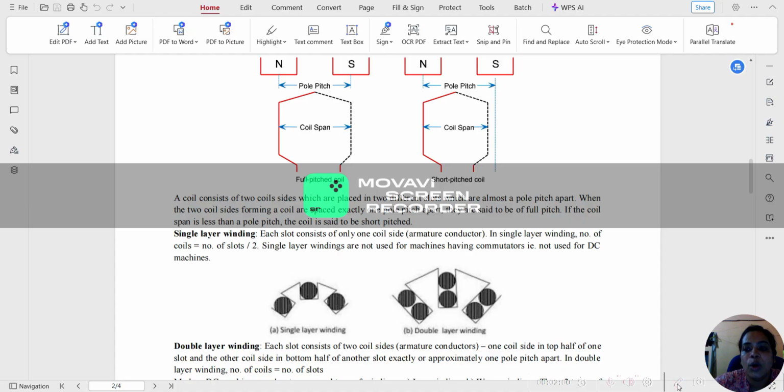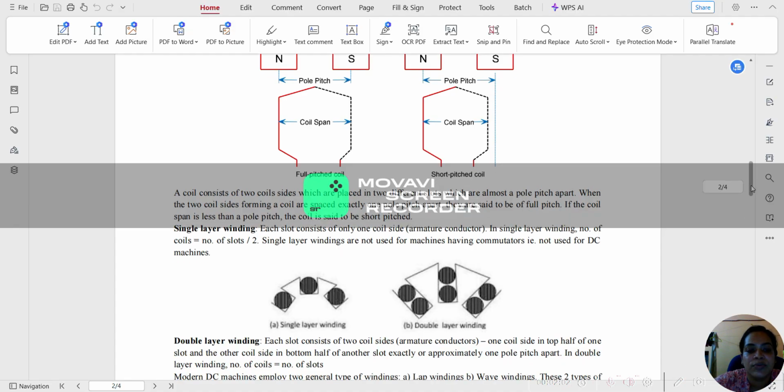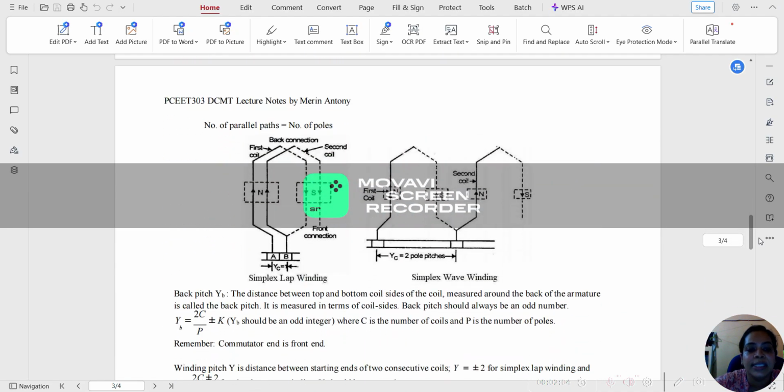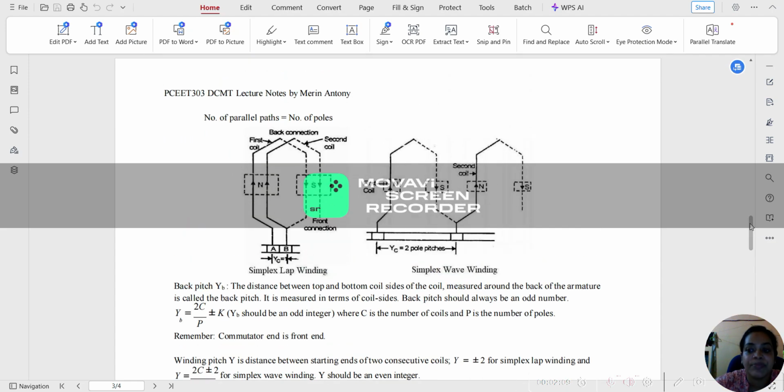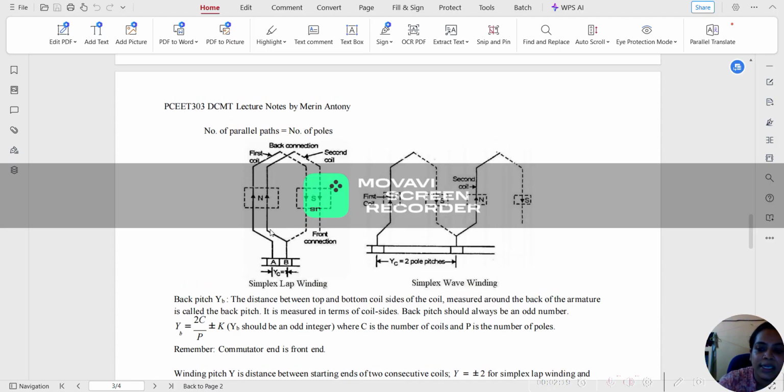Then next we will move on to another type of classification of armature winding, that is simple lap winding and wave winding. Lap winding and wave winding are the important types of classification of armature windings. So you can see here, this is one conductor. I will draw along with this conductor.